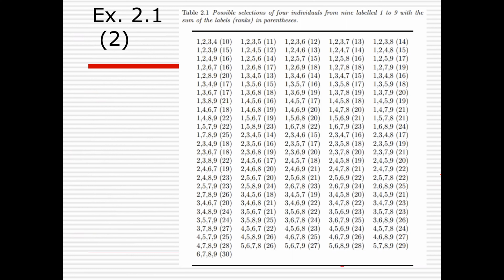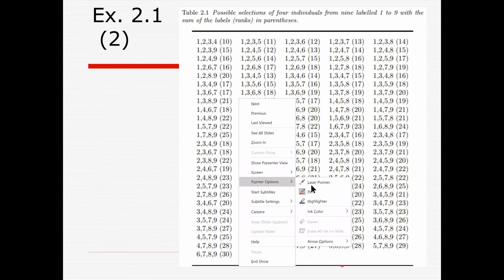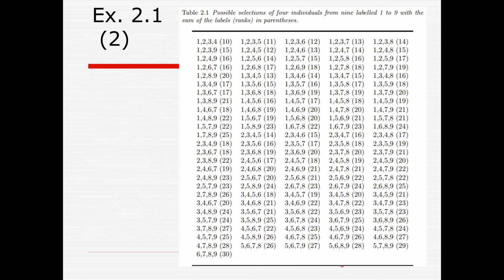They also have a sum of the ranks at the end of each outcome in the parentheses. For example, if the 4 patients are ranked as 1, 2, 3, 4, the sum of these 4 values is 10. They write it down like this. And what's the utility of this number in the parentheses? We'll talk about it later. So for now, we just ignore it.